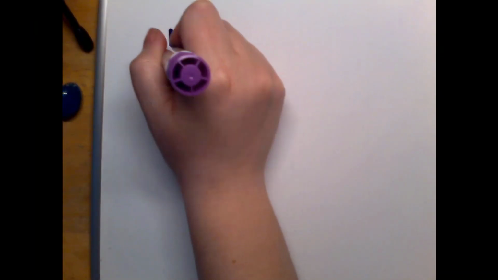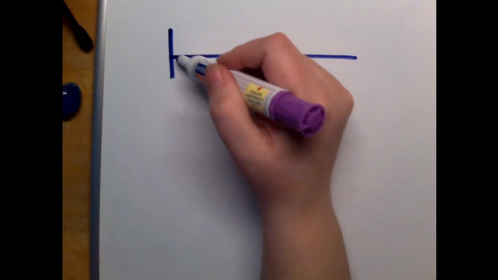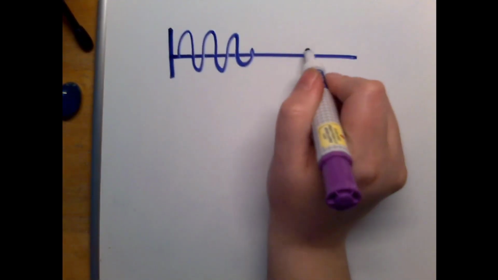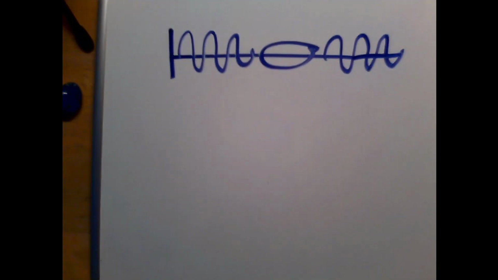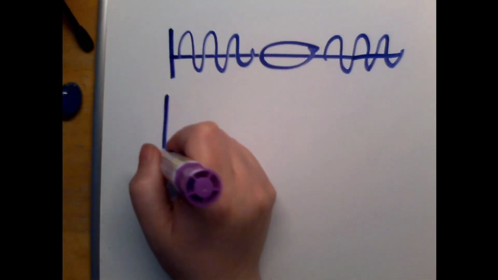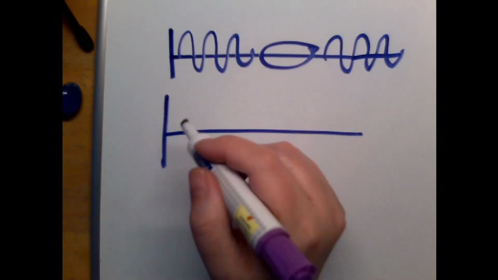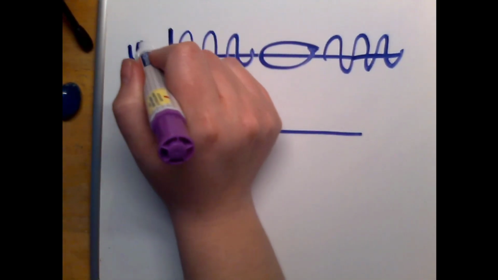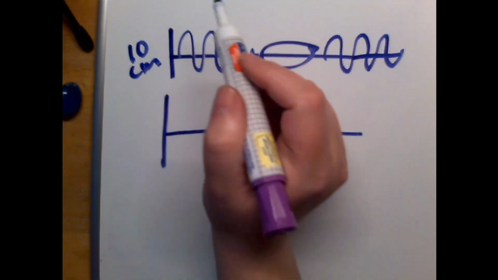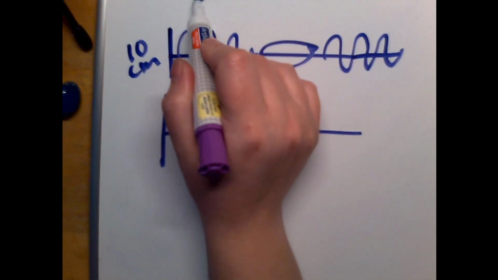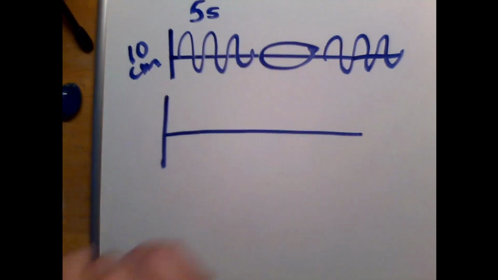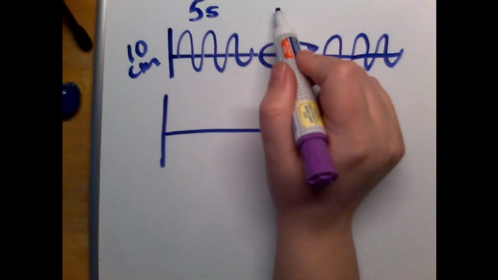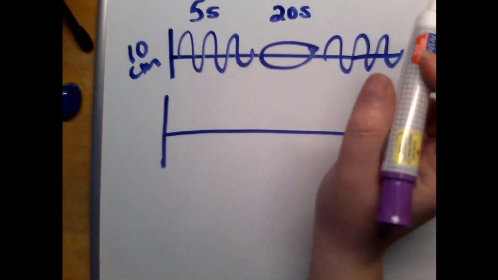All right, so again, we have our pulse going out, we have our listening time, and our pulse going out. And I'm just going to use some whole numbers here just to show you the concept. So let's say we are, again, imaging at 10 centimeters, and our pulse duration, again just using numbers, is 5 seconds to put the pulse out and 20 seconds to listen.